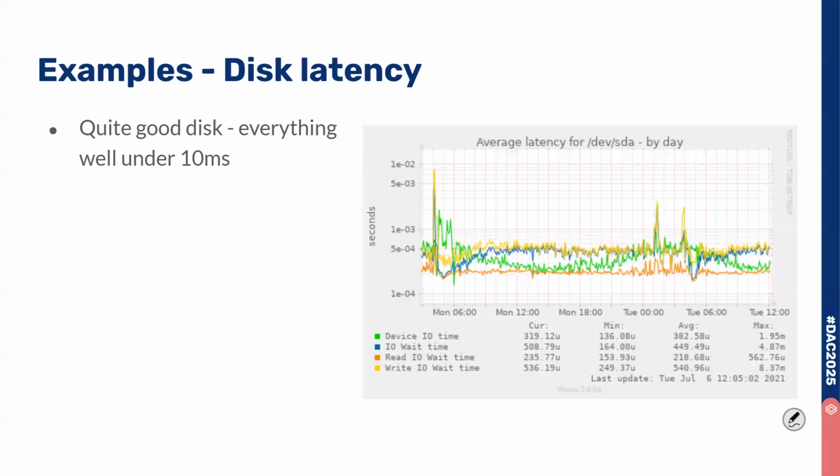This 8.37 millisecond, that's not so good. Generally, you want to be below 5, I would say, to be comfortable that your system's going to work okay. It's a bit of a thumb suck, but if you're dealing with good directly attached SSD disks, this will all be in nanoseconds.